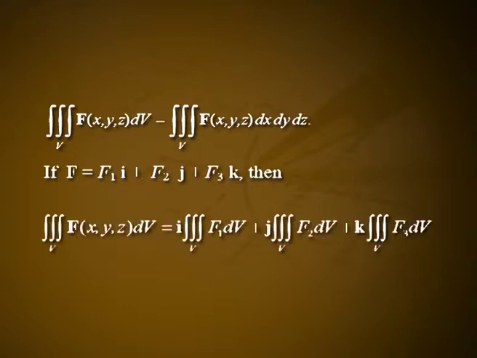If F = f1 i + f2 j + f3 k, then triple integral over V of F dV = i times triple integral over V of f1 dV plus j times triple integral over V of f2 dV plus k times triple integral over V of f3 dV.